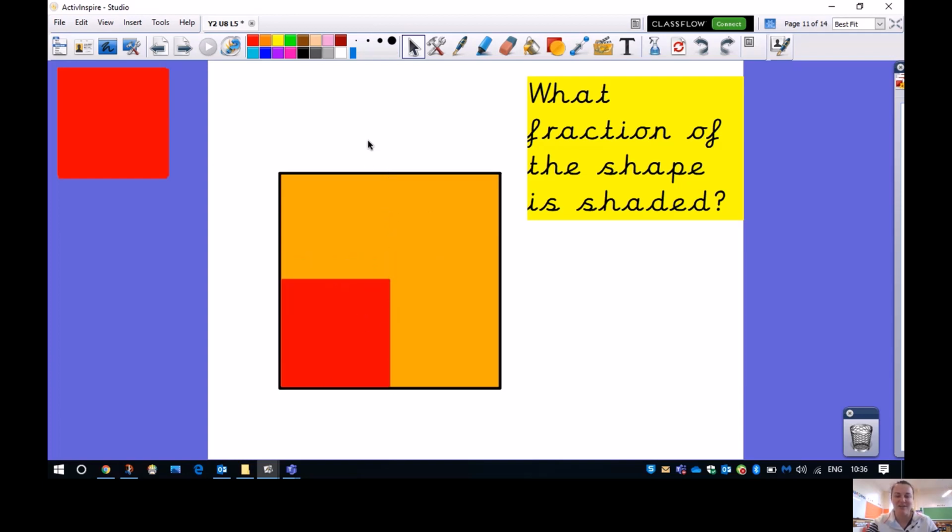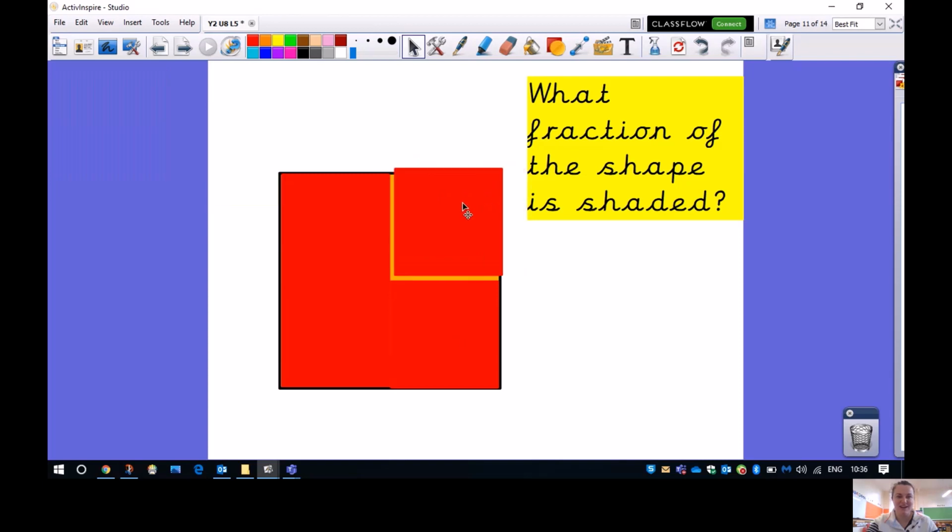I'll show you now. So at the moment, 1/4 is full. 2/4, 3/4, a whole. 4/4, or the whole has now been filled, but originally only 1/4.